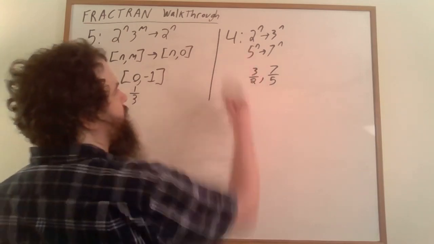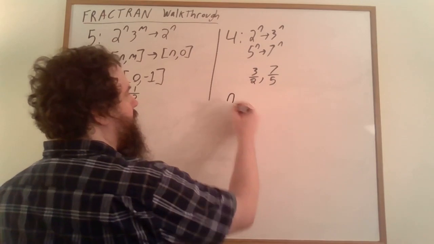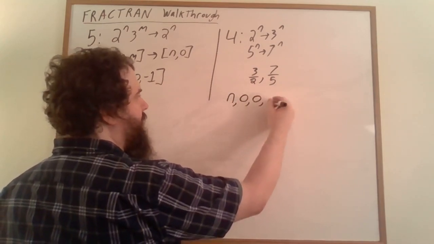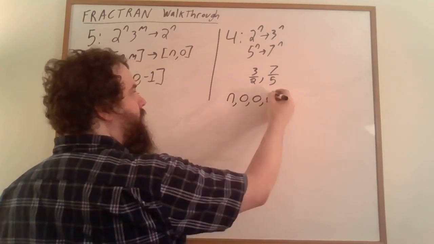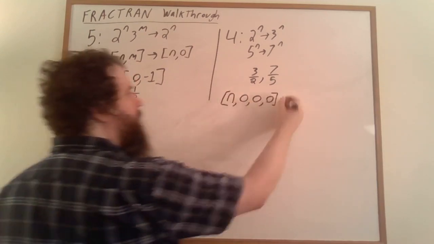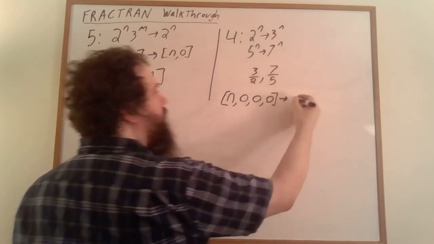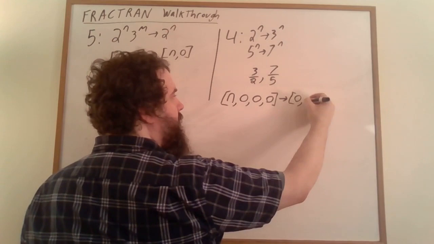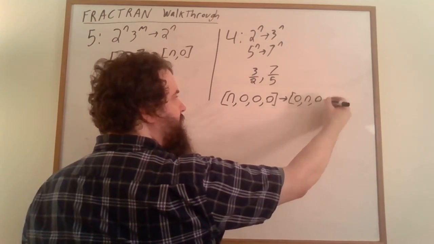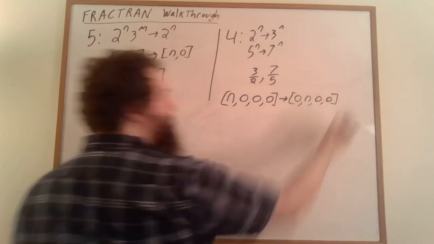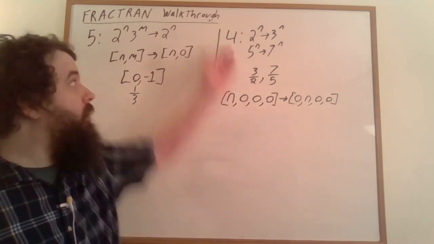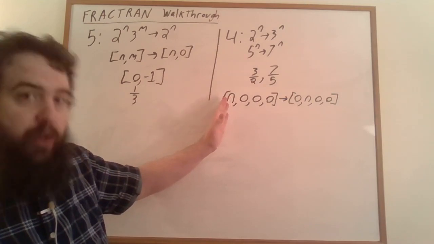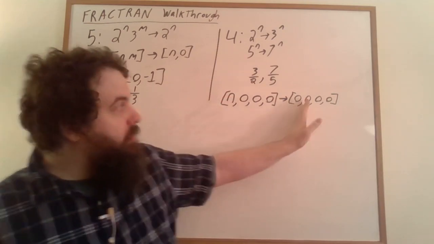So here we want to turn 2 to the n, which is just going to be 2 to the n times 3 to the 0 times 5 to the 0 times 7 to the 0, we want to turn vectors of this form into vectors of the form 2 to the 0, 3 to the n, 5 to the 0, 7 to the 0. So essentially what we're doing in programming problem 4 is moving data from the 2's register to the 3's register.